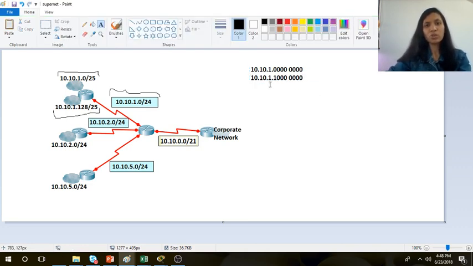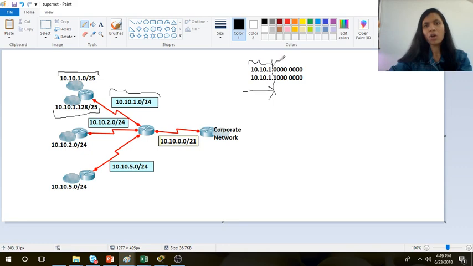In order to do summarization of these two, you will take a look from the left hand side to right hand side, which are the common bits and up to where you have the common bits. As soon as you have got uncommon bits starting, just divide it. Okay, so this part is common bits.